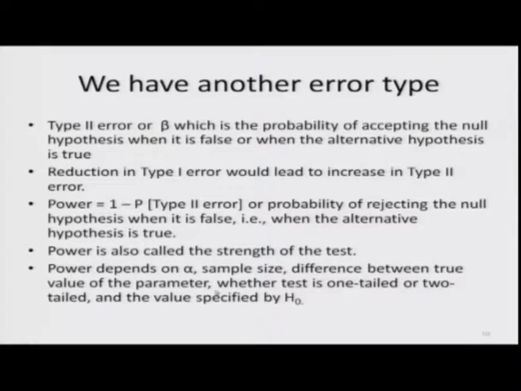Power depends on alpha, on sample size, on the difference between the true value of the parameter, means the difference in the value of the parameter under null hypothesis and alternative hypothesis, and whether you go for one tail test or for two tail test, and the value is specified by H0. Several things. Power depends on several things.